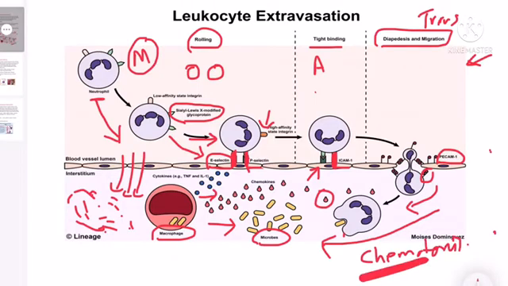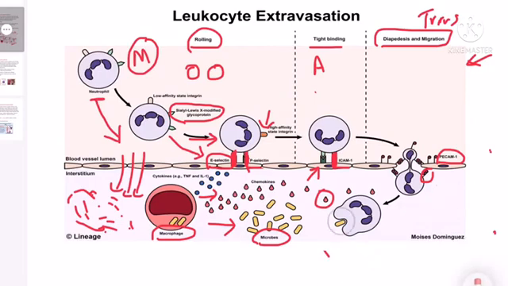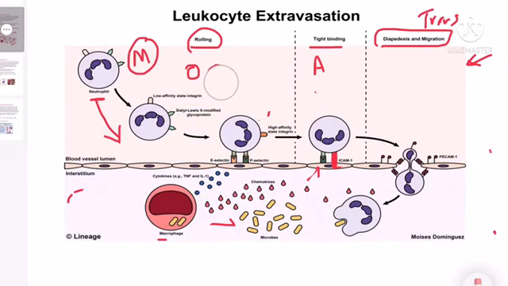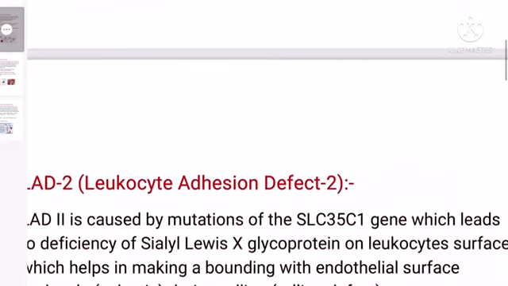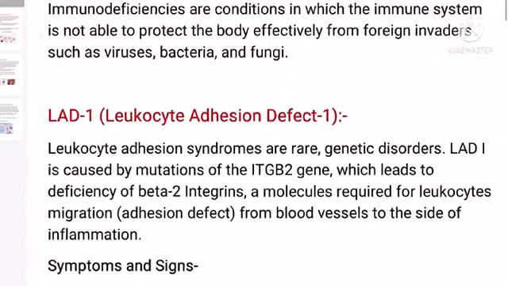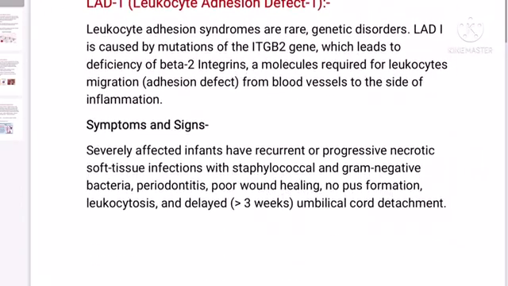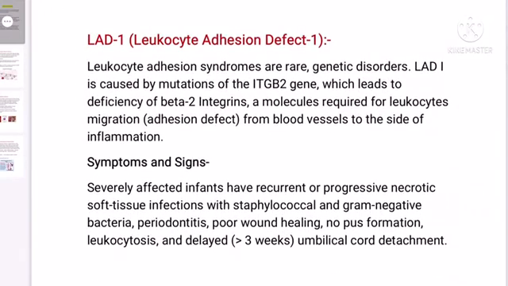If there is any defect in any stage here, we consider that a defect in inflammation. There are other defects also, but two important defects are related to the receptors. So let's see the defects associated with these molecules. There are the LAD 1 and LAD 2 defects.